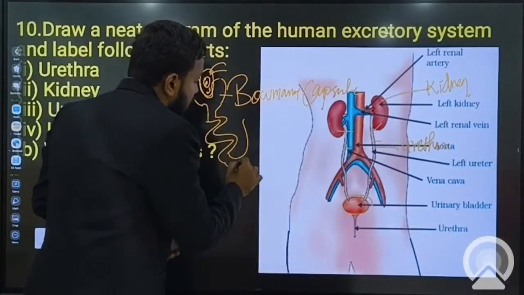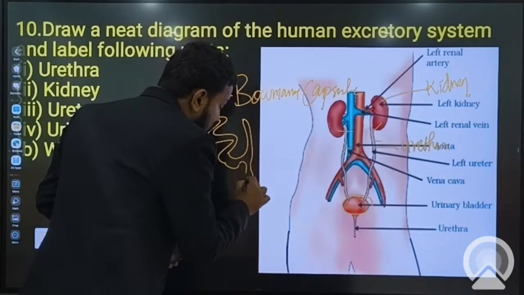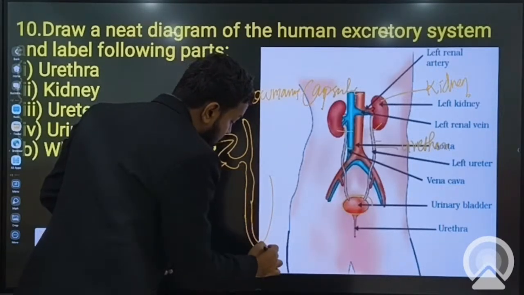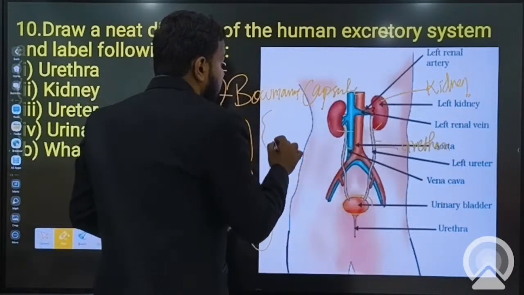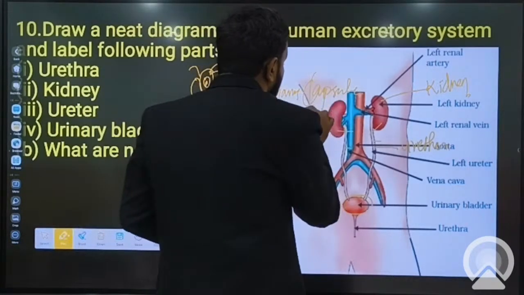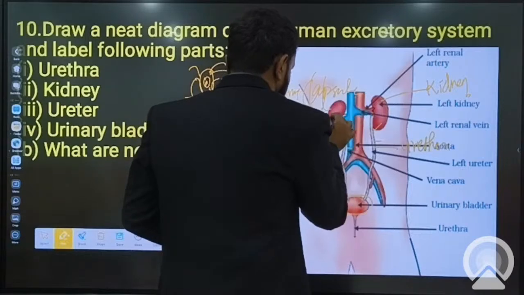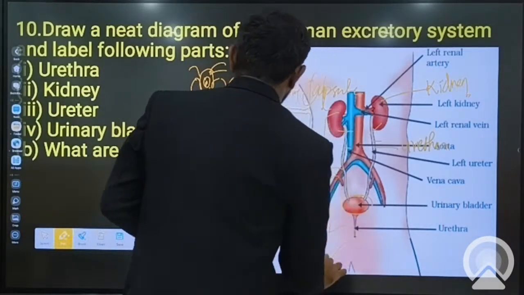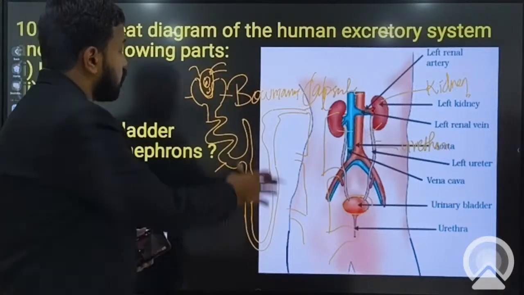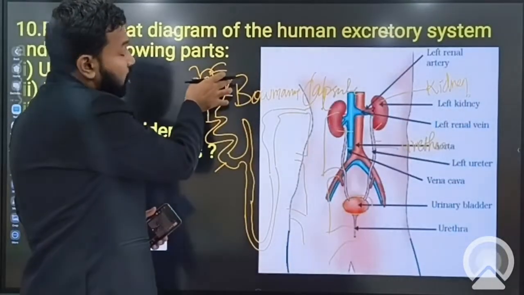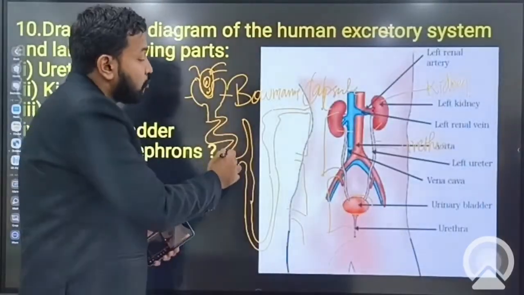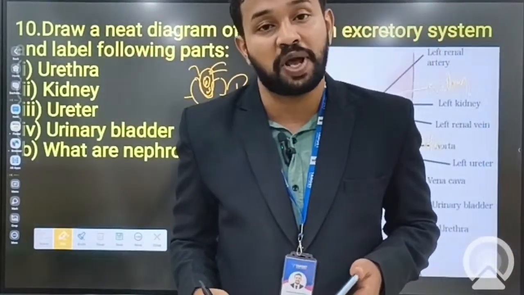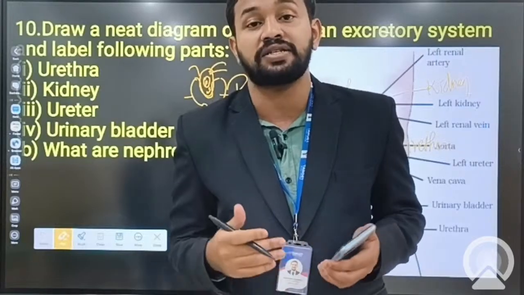Then there are convoluted tubules, then Henle's loop. And finally, it is attached to the collecting duct. Here the filtration process takes place, and through the convoluted tubules and Henle's loop, reabsorption of materials takes place, especially glucose, amino acids and sodium.